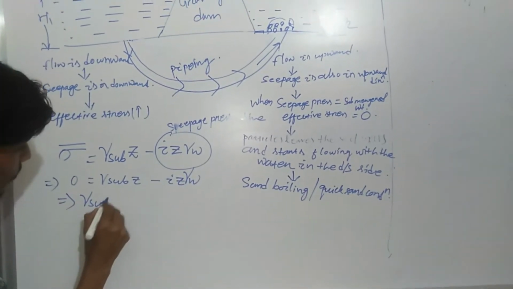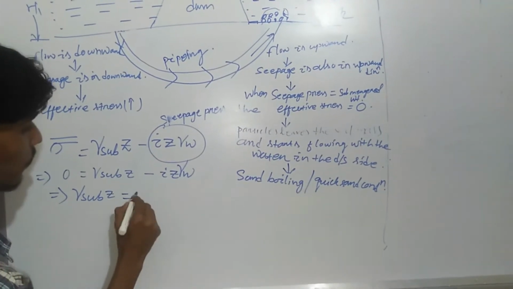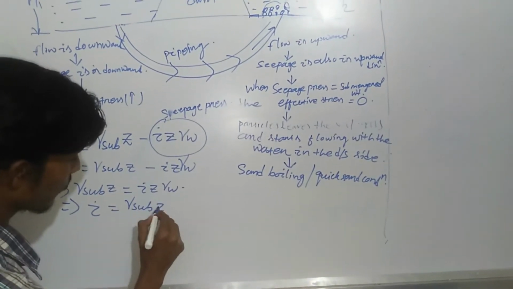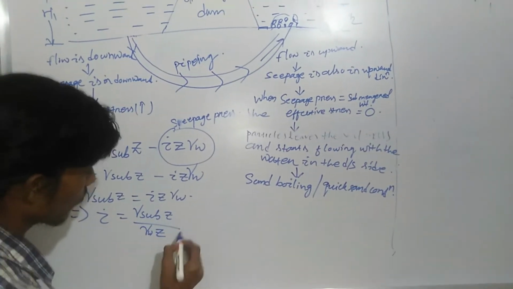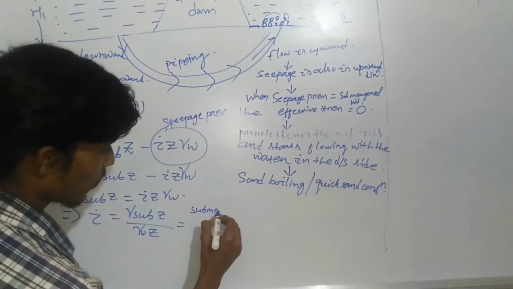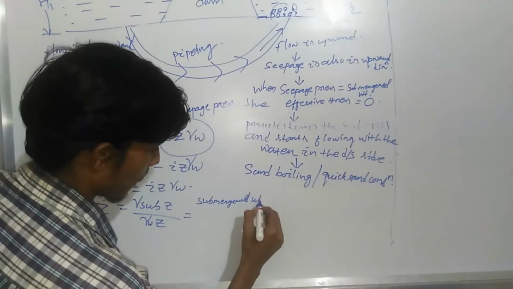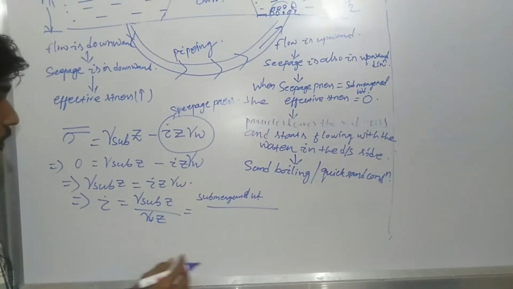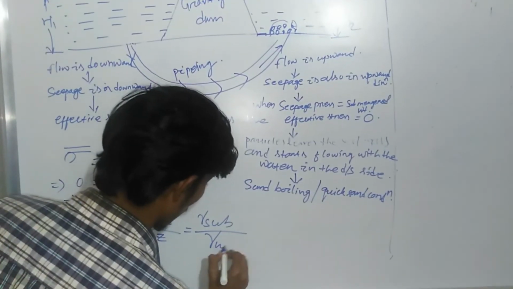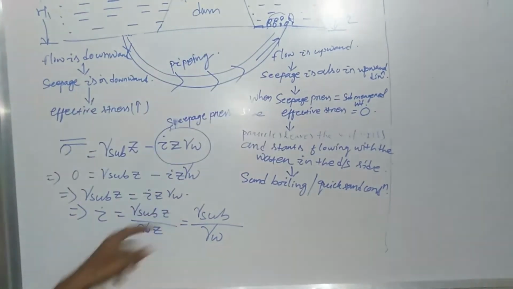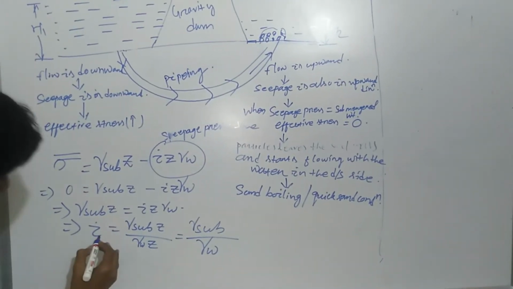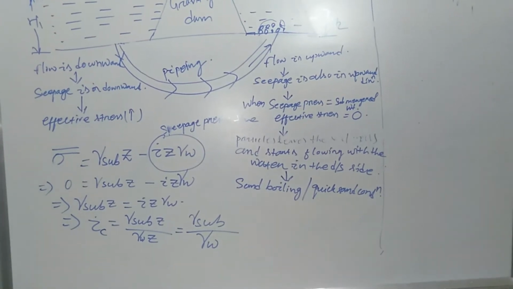Then gamma submerged Z equals i Z gamma W. This implies i equals gamma submerged Z by gamma W Z, that is, submerged weight or seepage force by gamma W. Here i is the exit hydraulic gradient, and when the quicksand condition occurs, that moment the hydraulic gradient is known as the critical hydraulic gradient.